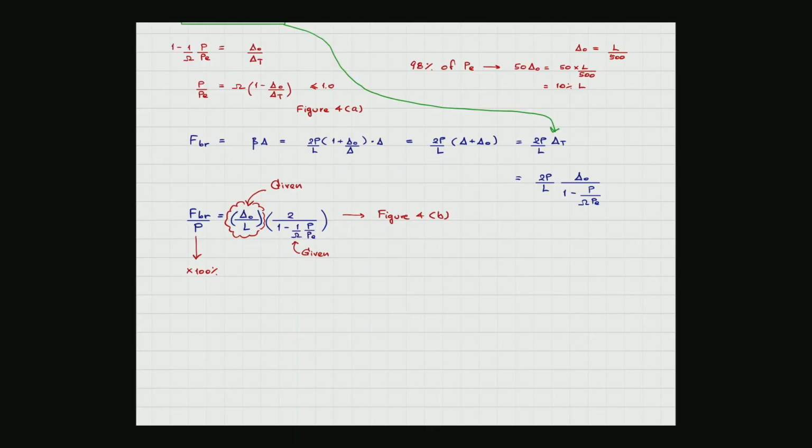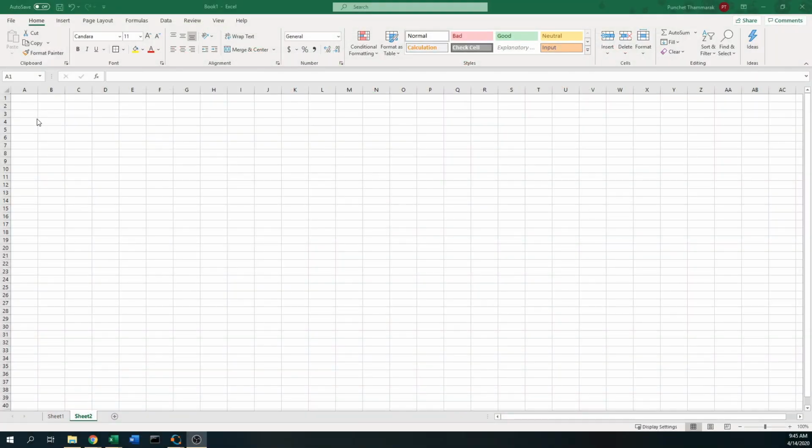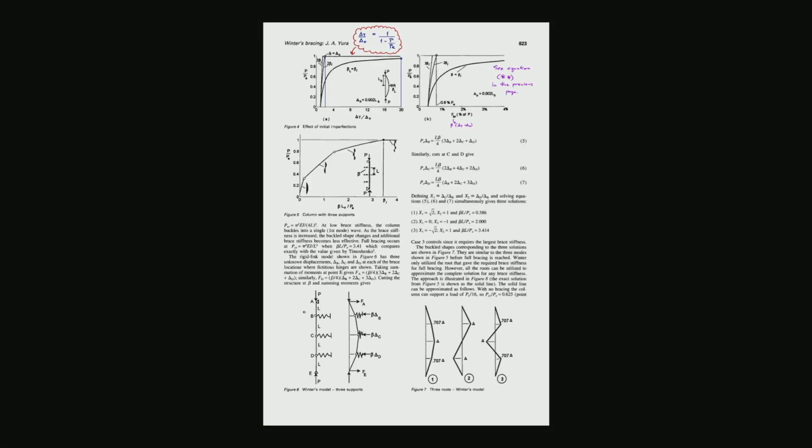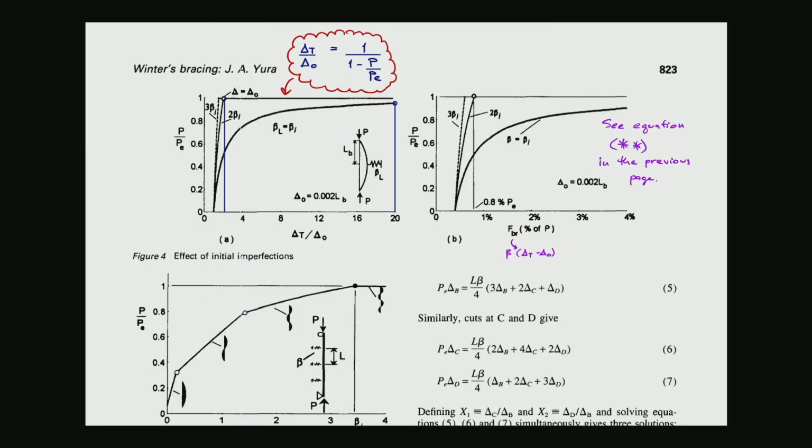Okay. Let's switch to the Microsoft Excel sheet. One second. So we have the plot going to have the vertical axis P over PE, horizontal axis bracing force.